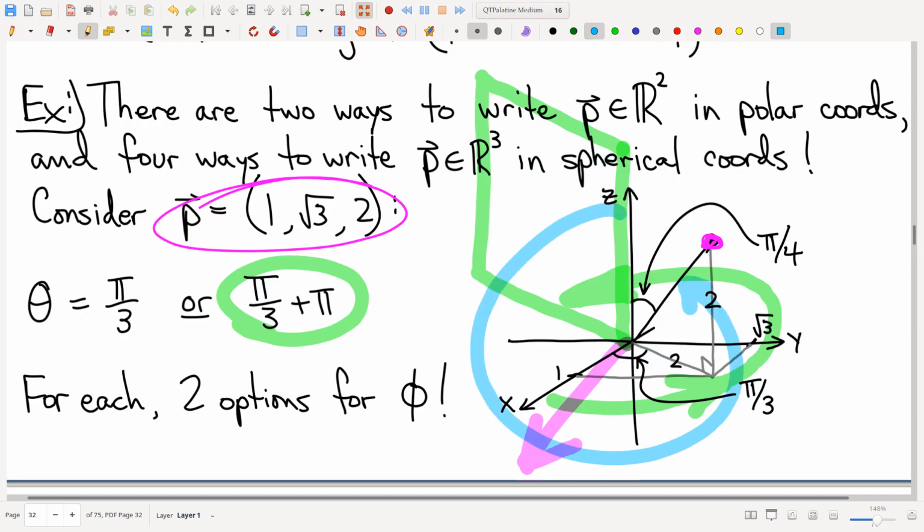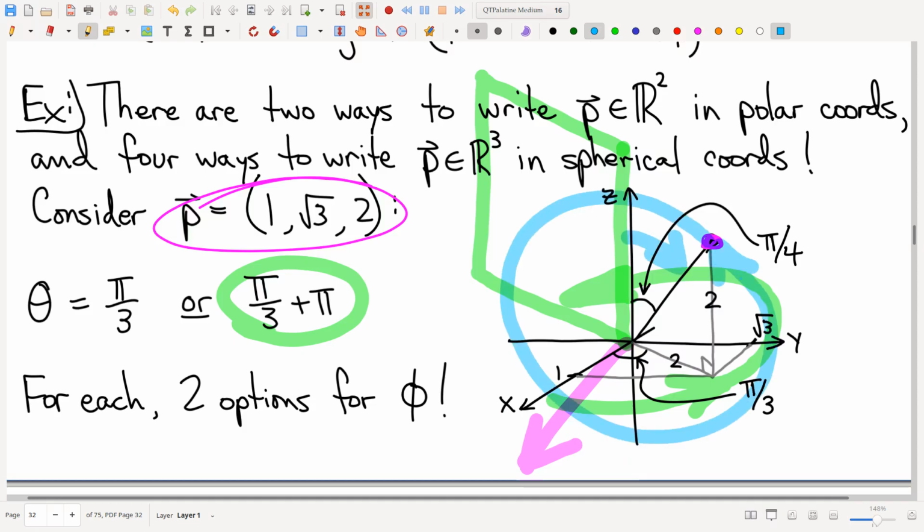Yeah, you can, and I'm going to call that value plus 2 pi. In some sense, 2 pi is always a freebie, right? Effectively, you're absolutely right, but it's equivalent to this one that we've already done. So modulo 2 pi, these are the 4 different ways to do it.